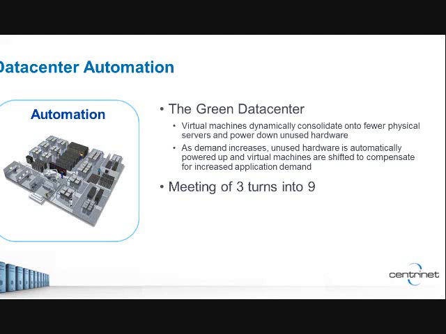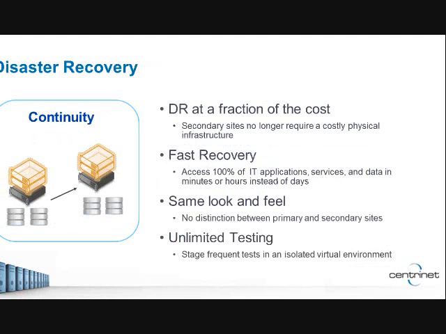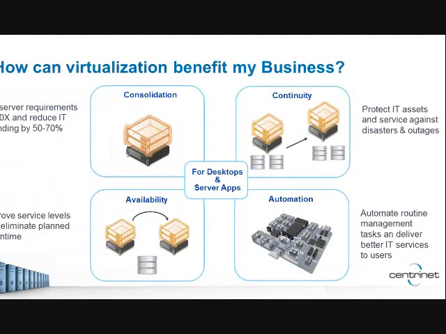And we'll just back up just to highlight these 3 points. Again, consolidation, reduce your physical footprint, which is going to reduce your costs significantly. High availability, the ability to provide 100% access to your application with the same look and feel, less user interaction. A user may not even notice there was a difference.